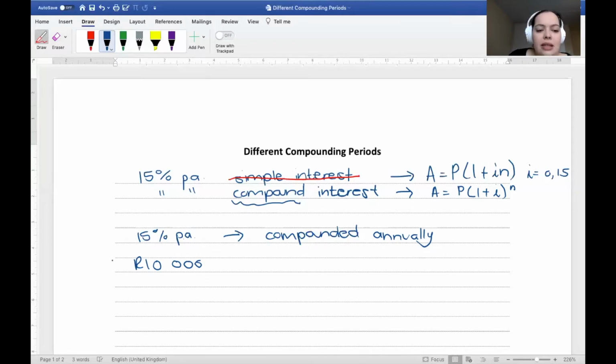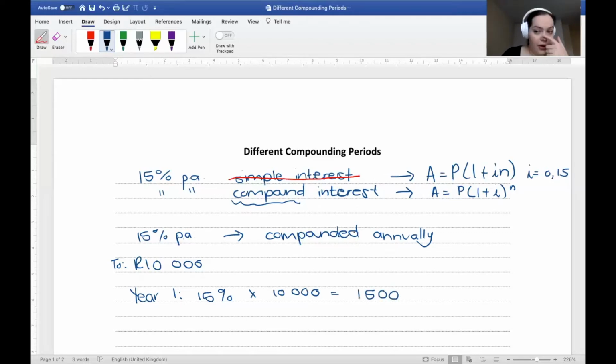That means this is at time 0, so right at the beginning. Then at the end of the first year, they're going to look at our accounts and they're going to say, oh, this person has 10,000 Rand in their account. Let's work out 15% of that 10,000 Rand, and that's going to be 1,500 Rand.